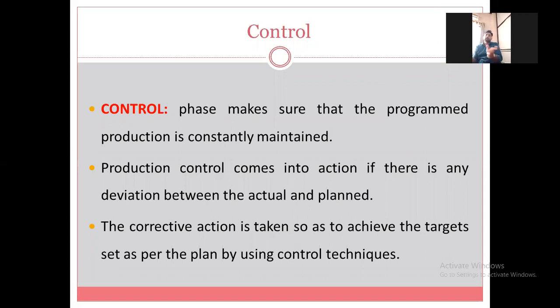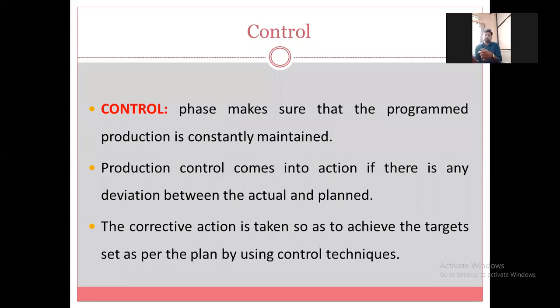So you can compare the actual thing and the planned thing, and see what the error is between those two things, and you have to reduce that error. That reduction of the error between the actual thing and the planned thing is nothing but controlling.